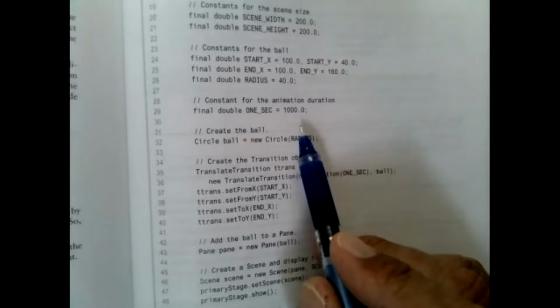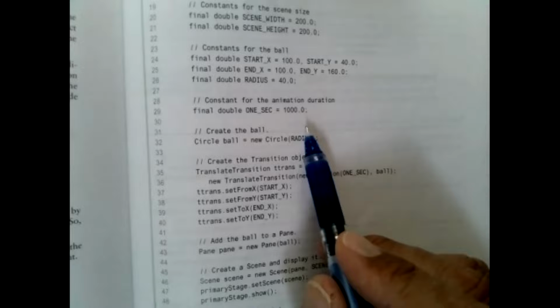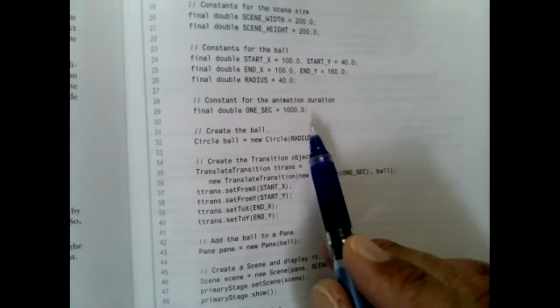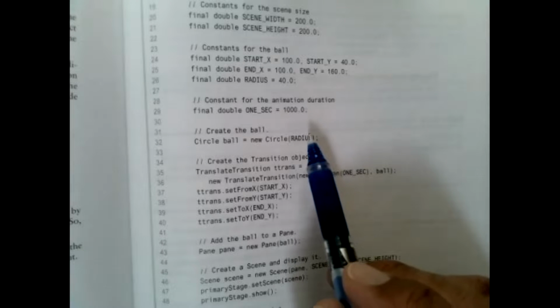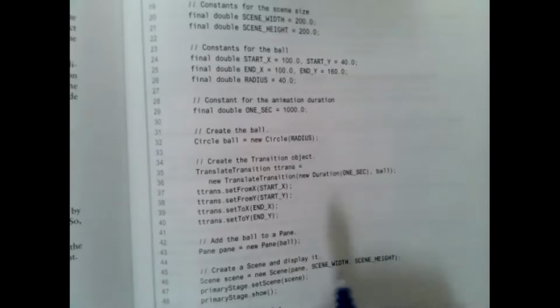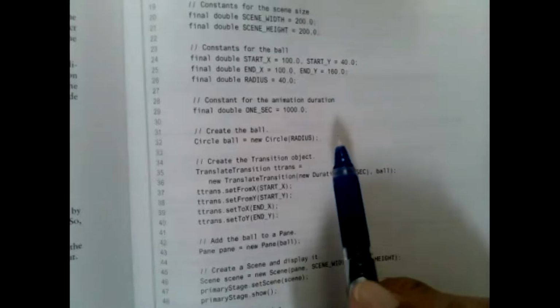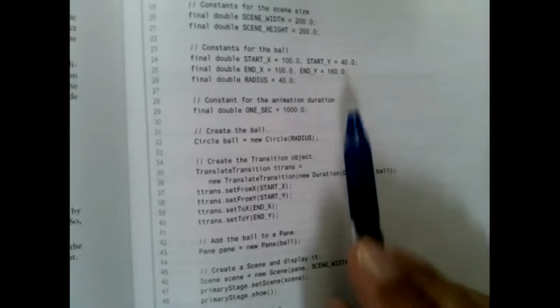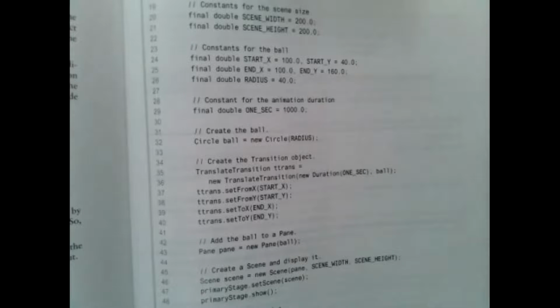What if I made it 2,000? Takes longer to drop. What if I made it 500? Be shorter. Does it go down and back up or just down? Just goes down.